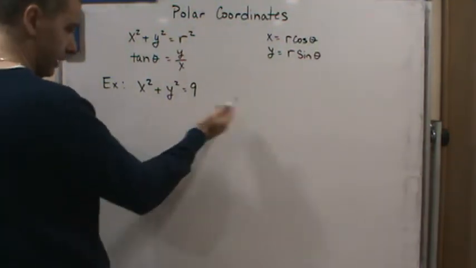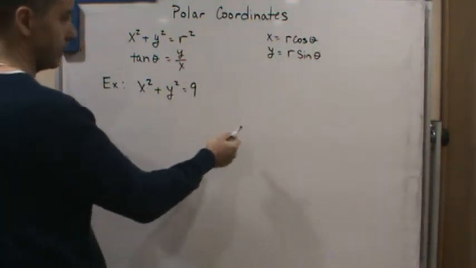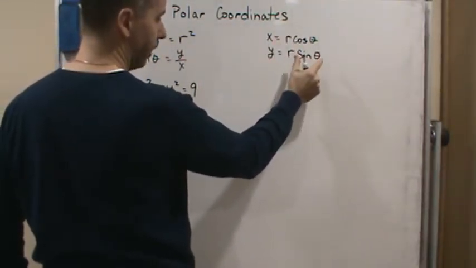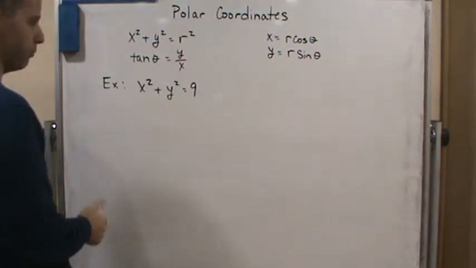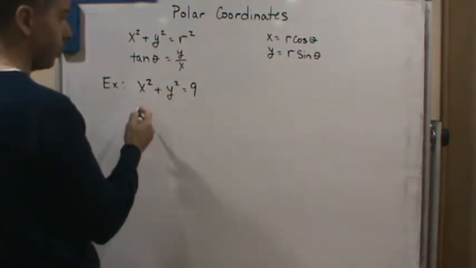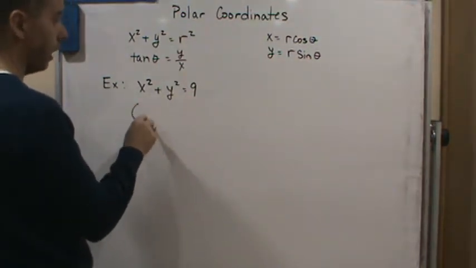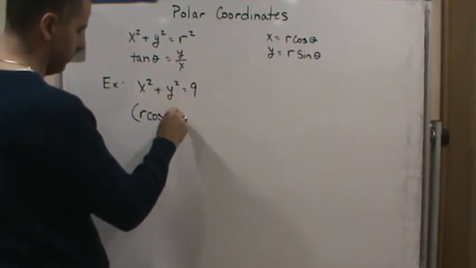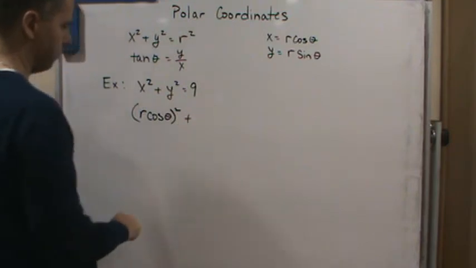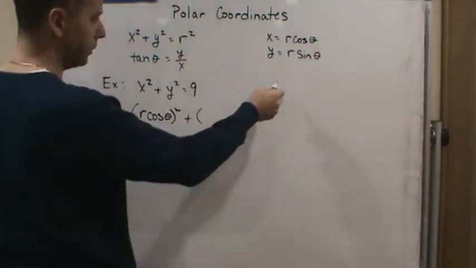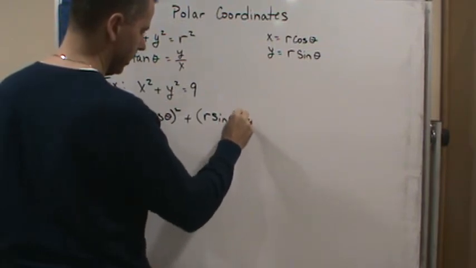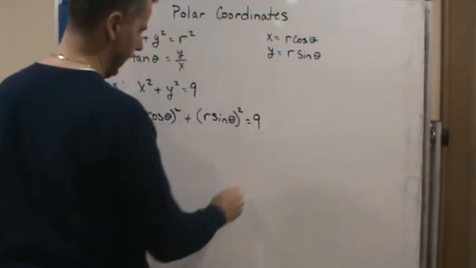But let's do our conversion. Let's substitute in for these two and put things in terms of r and theta and see what we get. So x is r cosine theta, squared, plus y, which is r sine theta, quantity squared, is equal to 9.